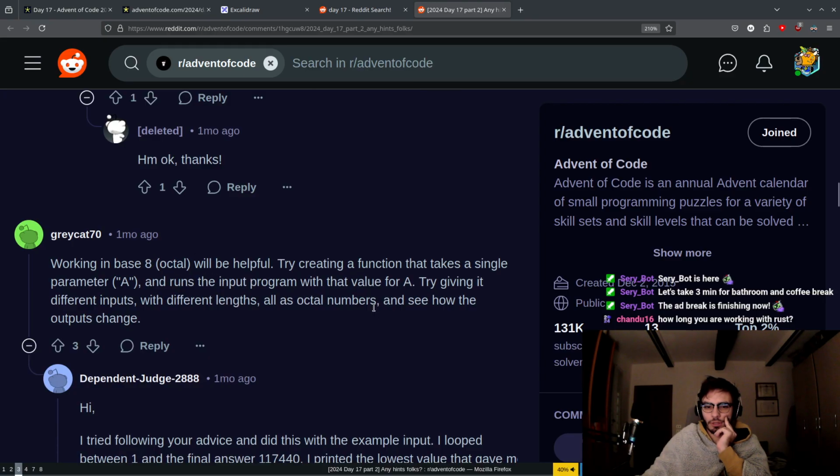Working in base A octal would be helpful. Try creating a function that takes a single parameter A and runs the input with the value of A. Try giving different inputs with different lengths, all octal numbers, and see how the outputs change.